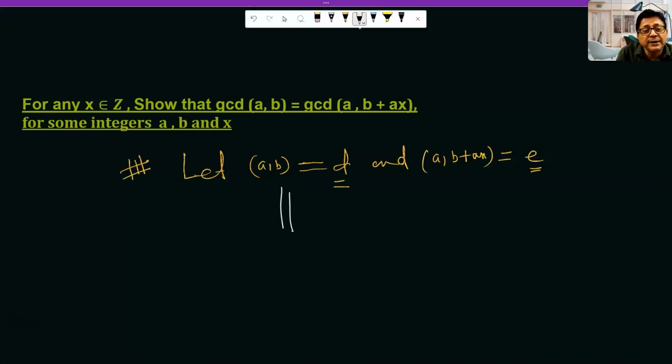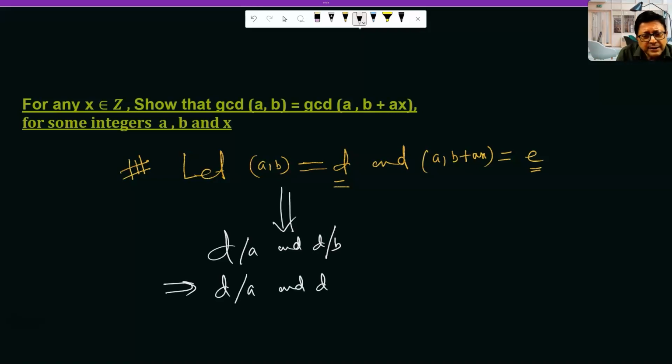Now what does this imply? This implies that D divides A and D divides B. So D divides A and D divides the linear combination of B and A. X is an integer, so you can take 1 into B plus A into X. So D divides A and D divides B plus AX.